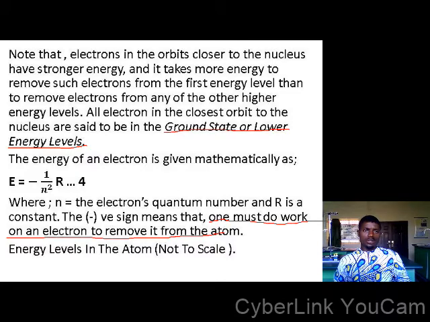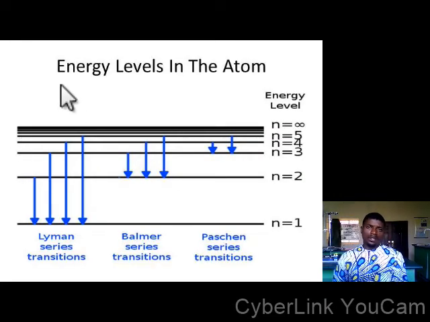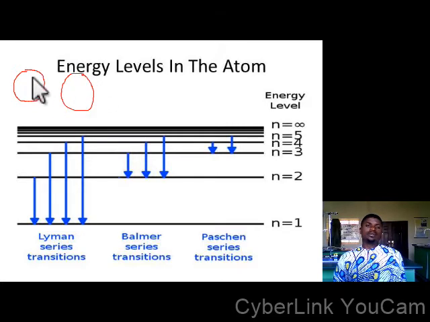So let's move on. These are what we call energy levels. Now, in the other video, we were discussing absorption spectra and also emission spectra. This is the nucleus and this is the shell. Let's call this first one N1, N2.